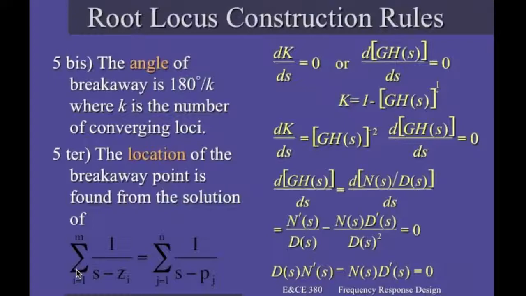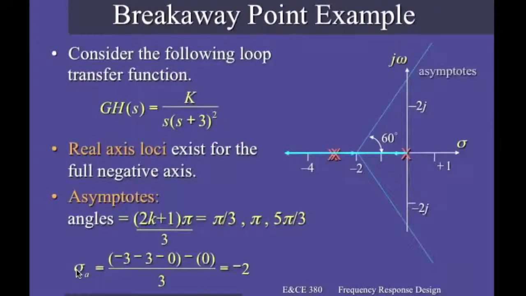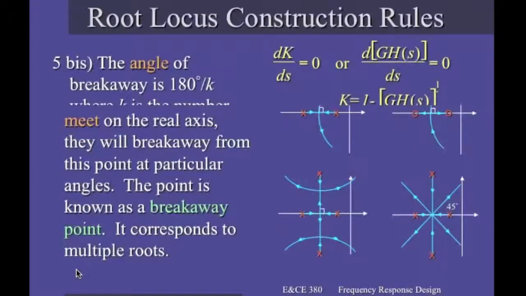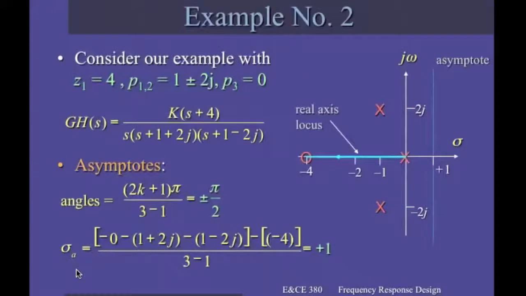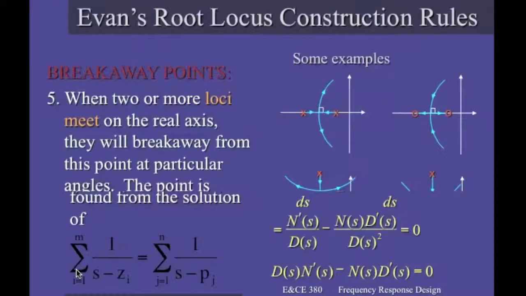So if we solve that equation and we find this point to be a breakaway point, we may be sure that also the conjugate point, that is this one, would be and is a root of this equation.